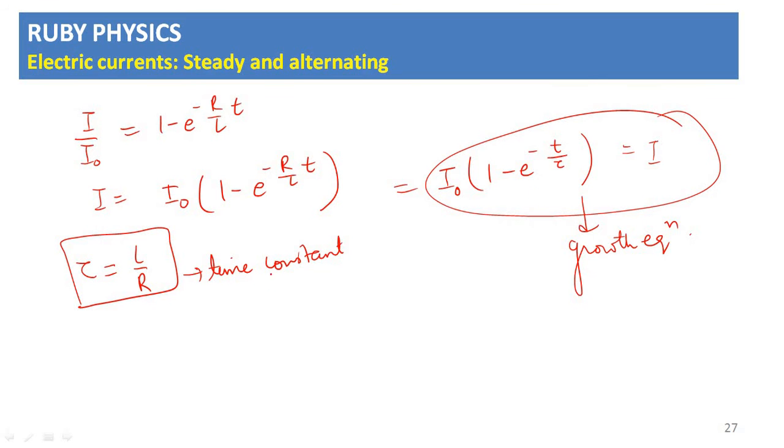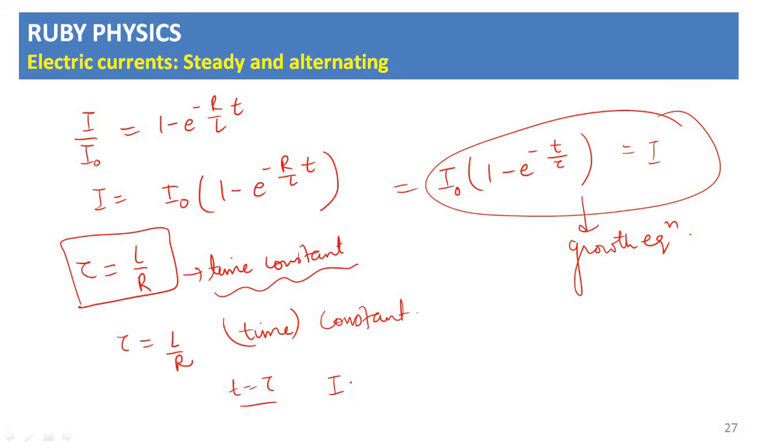Okay, so let's talk about this time constant. You have seen here, it is represented by tau equal to L by R, and its dimensions are of time. That's why it is known as time constant, and it is a constant. It gives us a value that is constant. Now if I put t equal to tau, then what will happen to this equation?